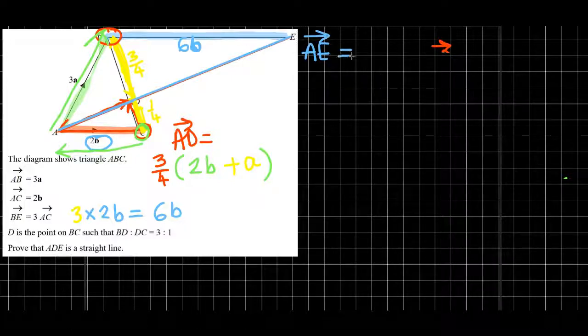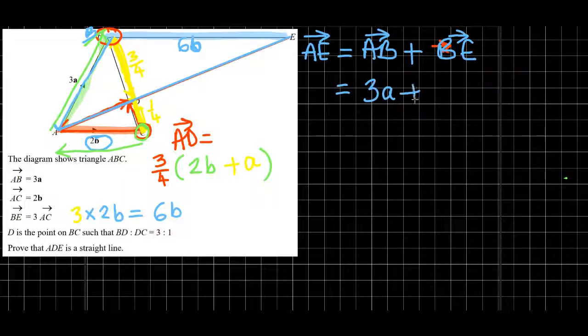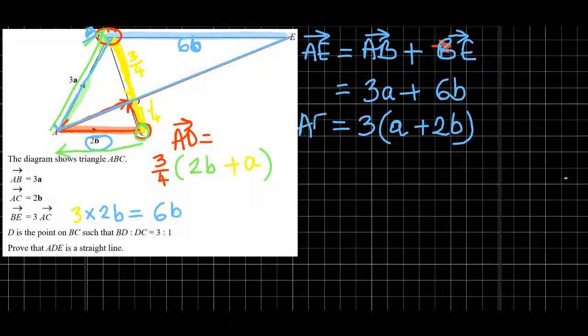The vector AE is going to be, we can go from A to B plus B to E. Now A to B is 3a and B to E is 6b. If we factorize that, we have 3a plus 2b, and that's vector AE.